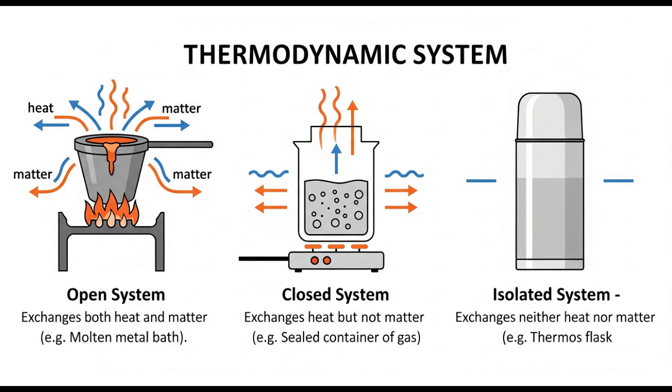A closed system can exchange energy but not matter. A sealed container of gas being heated is a closed system. An isolated system exchanges neither energy nor matter. A perfectly insulated thermos flask is an approximation of an isolated system.